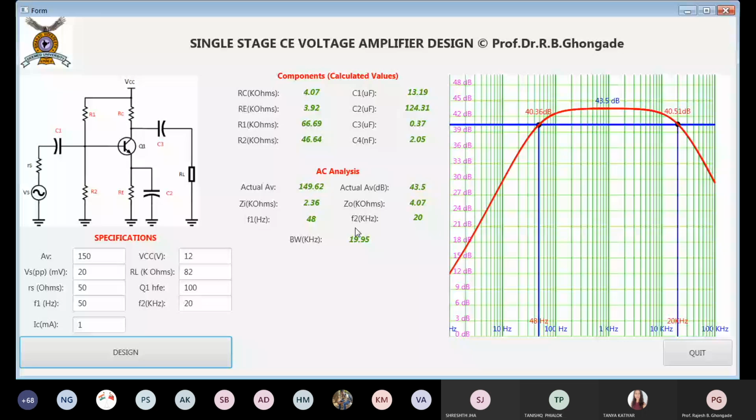We already have the equations with us. Many of the things that we have already calculated, like ZI, we have already calculated as 2.36 kilo ohms. Output impedance is same as that of the RC, which is 4.07 kilo ohms. Okay, actual gain can be found out very easily like that, putting it in the equation and finding it out.